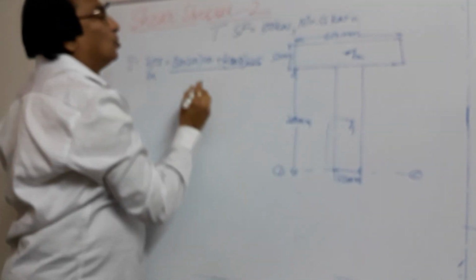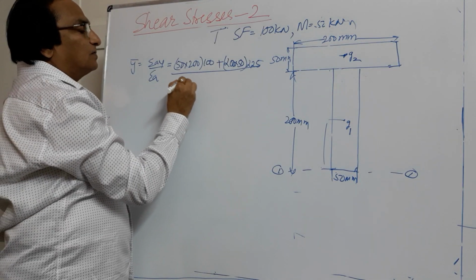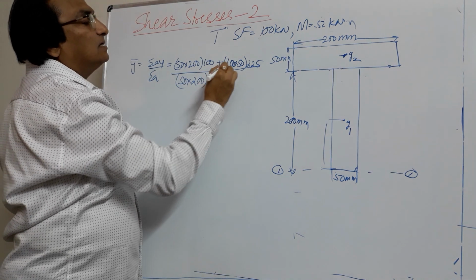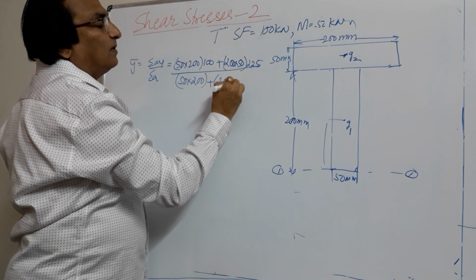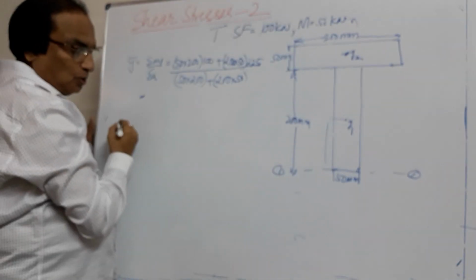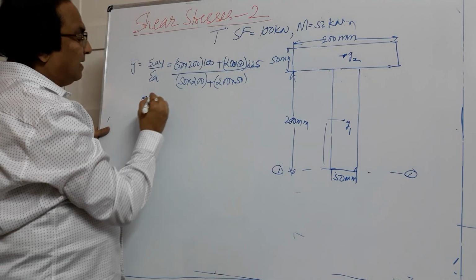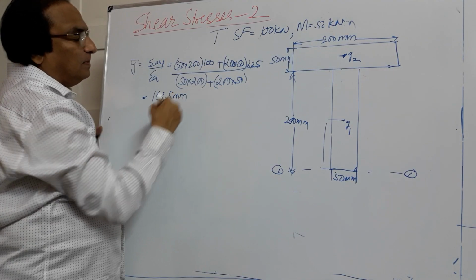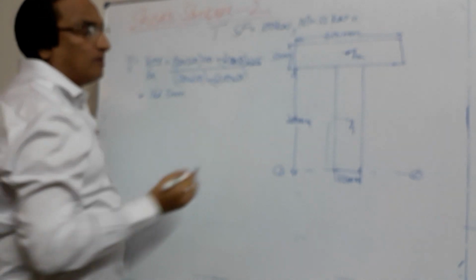divided by total area. We know this one area is 50 by 200 and the second area is 200 by 50. If you simplify for y bar, you get the distance of y bar as 162.5 mm. 162.5 mm from the bottom.